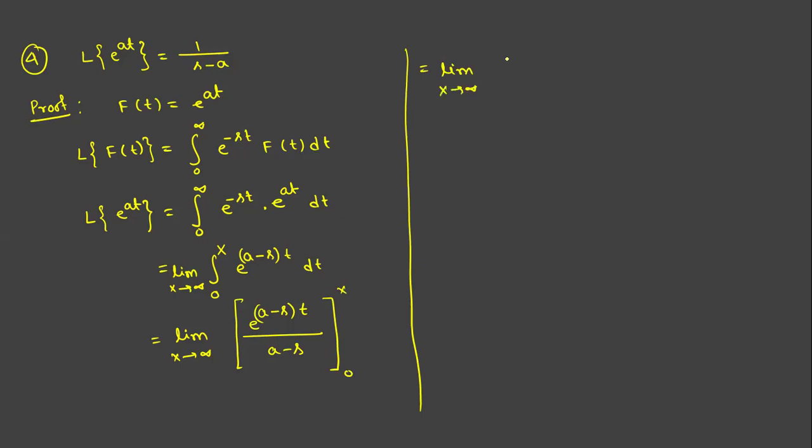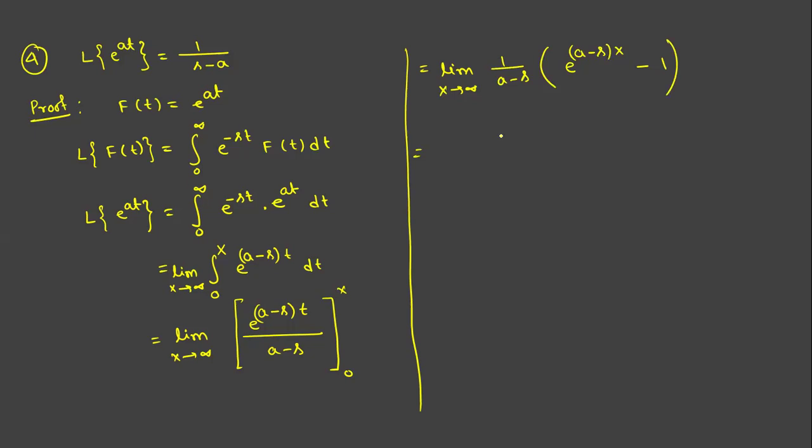If you put in the limits, this equals the limit as capital X tends to infinity of 1 by a minus s, which is common, times e to the power a minus s into capital X for the upper limit, minus the lower limit. For the lower limit you put t equals 0, so you will get e to the power 0, and e to the power 0 means 1. Now x tends to infinity.